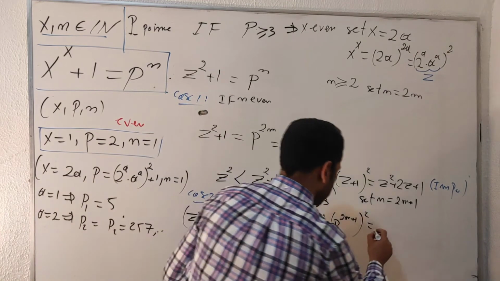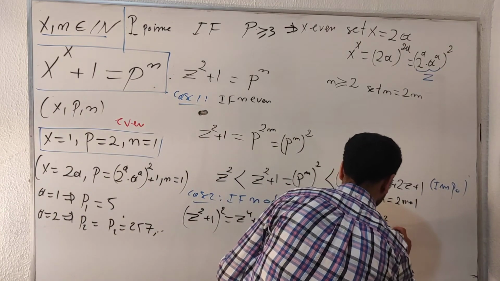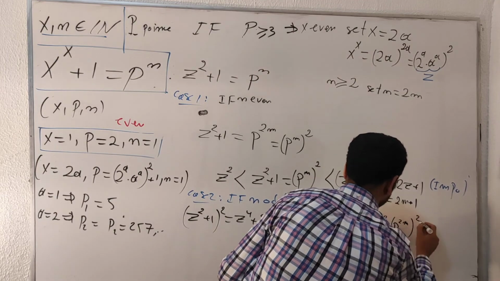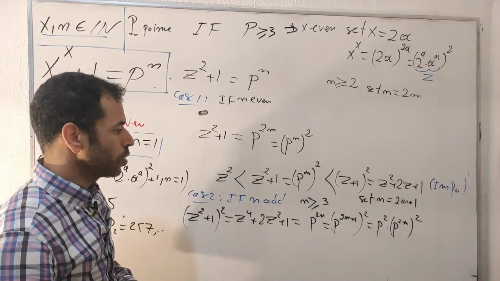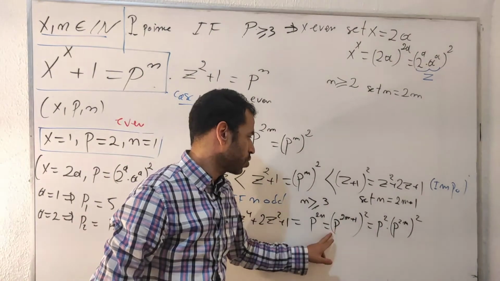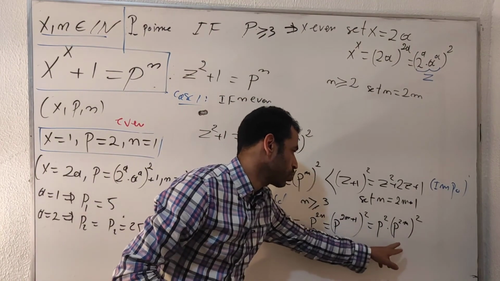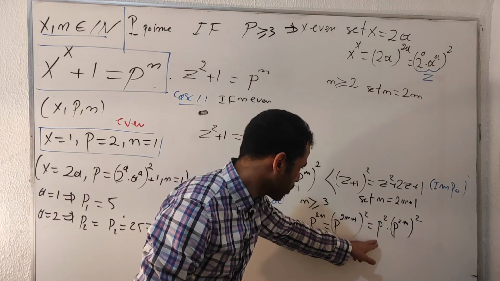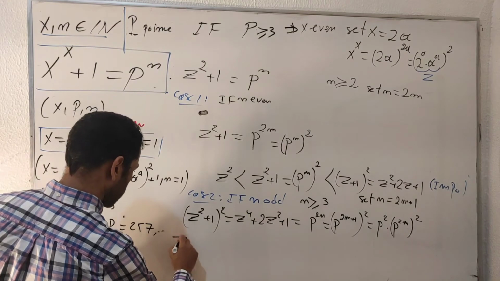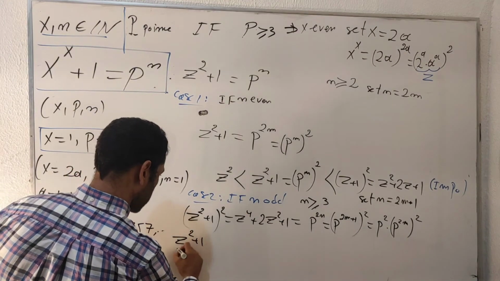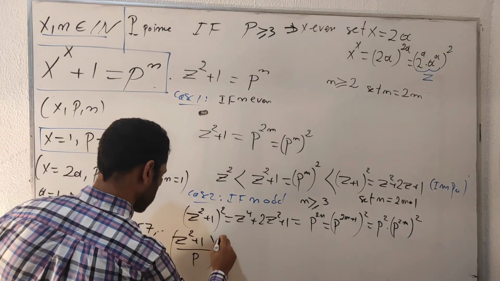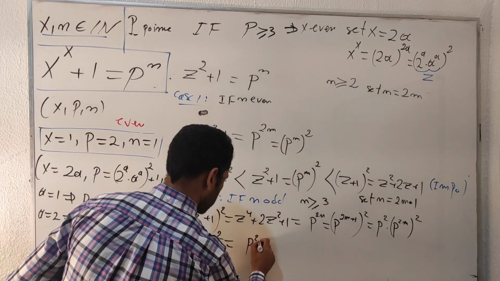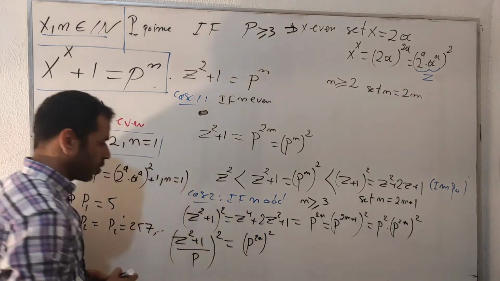This one is the same as p squared multiplied by (p to the m), all raised to the power 2, like this. Taking p squared out of this one and multiplying it by the square of this one, then dividing both sides by p squared, I get here ((z squared plus 1) over p), all raised to the power 2, which equals (p to the m), all raised to the power 2.